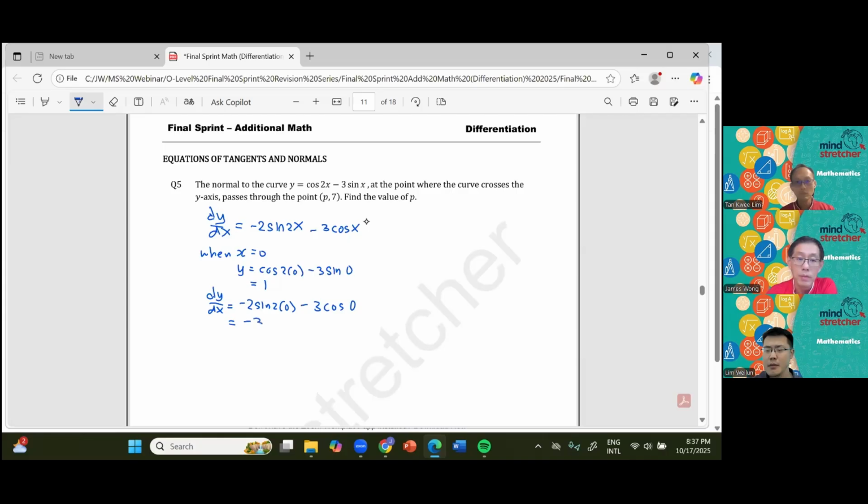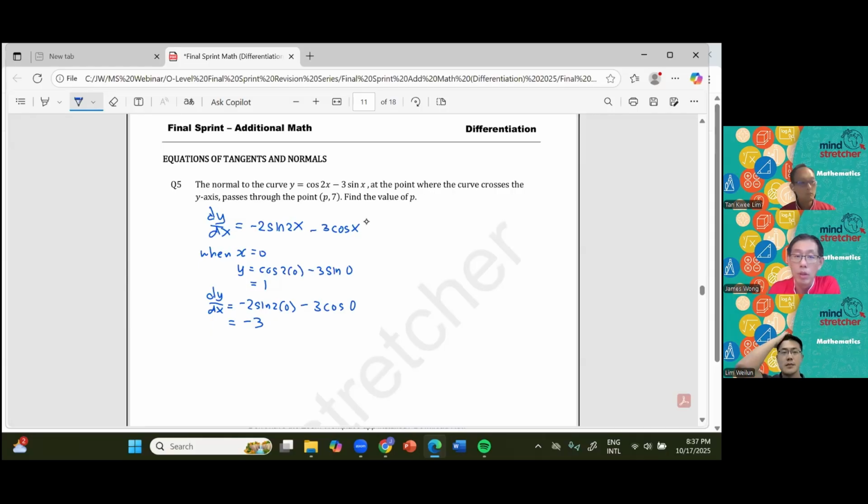Negative 3. Once I get negative 3, I will want to know the equation of my normal, because the question says that the normal to this curve, where it crosses your y-axis, will pass through this point.